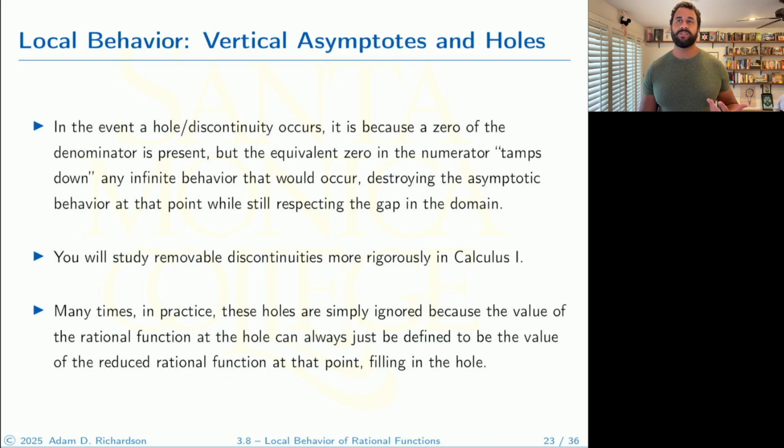So there is a hole because of those repeated factors, right? But if you wanted to fill in the hole, you just say the output is going to be the output of the reduced function at that point. So a lot of times they just get ignored, but they are still there. We can't pretend they don't exist. They do, but a lot of times people just brush them off.